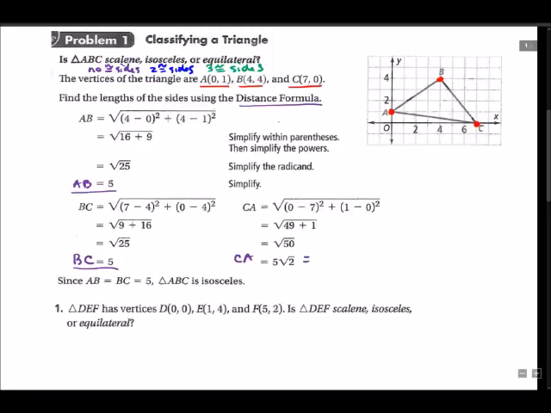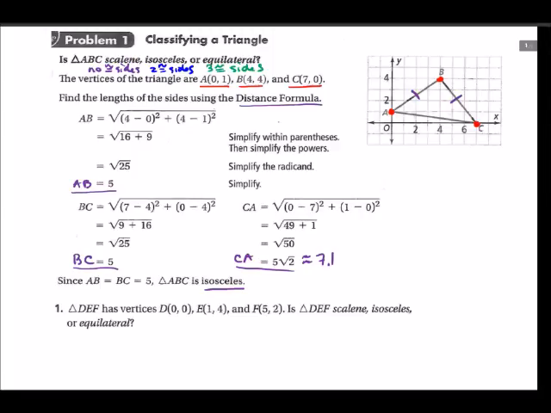This would also be about 7.1 units. So that one's not the same, but what kind of triangle do we have? We have an isosceles triangle. 2 of our sides are congruent. AB and BC are congruent.